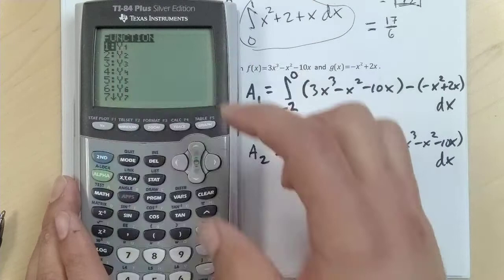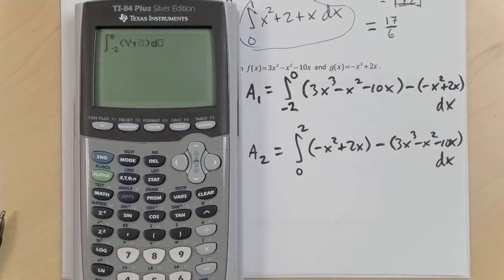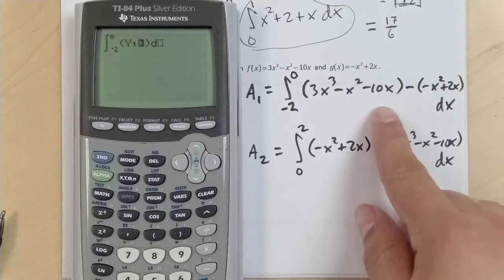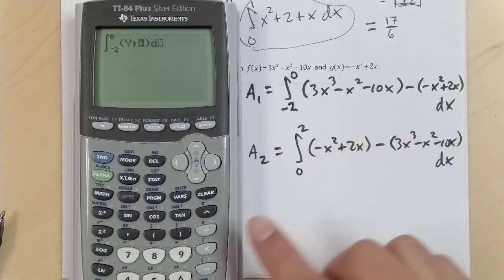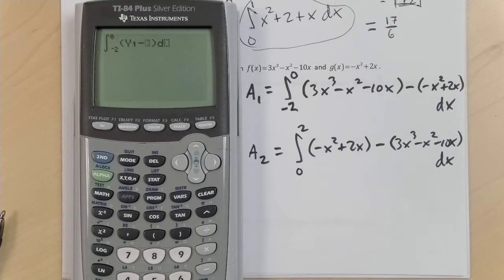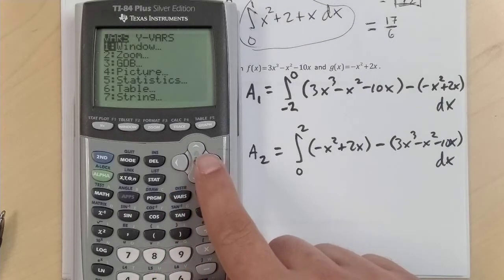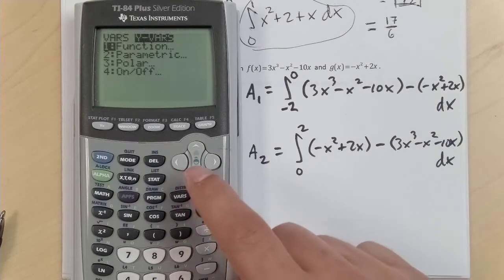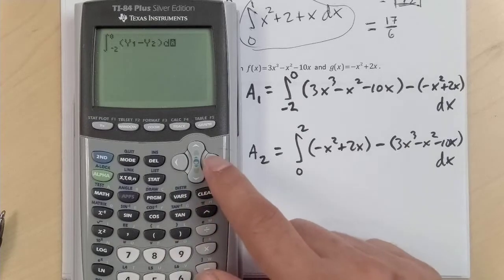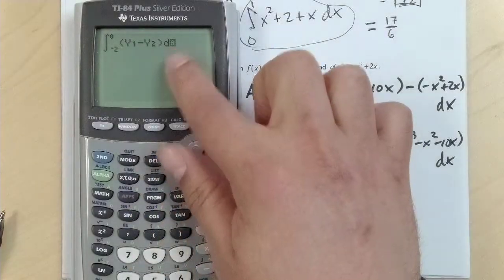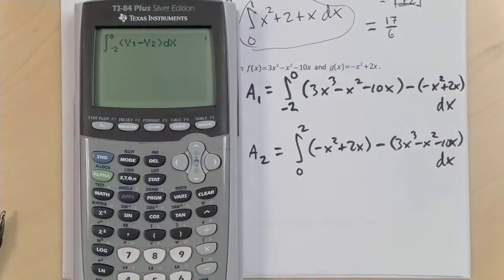And then I could just hit enter and I don't have to type anything in, because y1 is this. That's where I put it. Then I could just do minus, and then again vars, yvars, function, y2, saves me some button pressing. This is always going to be dx, and there's the first area.